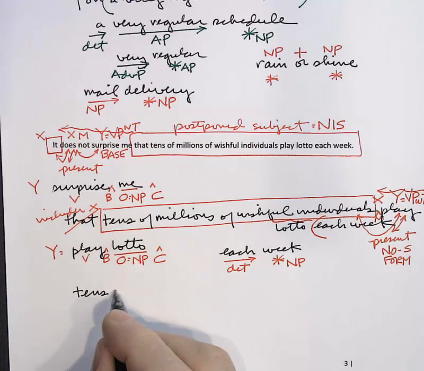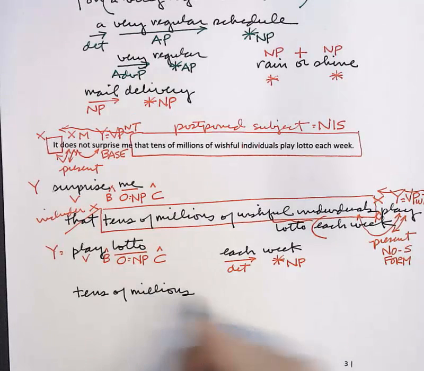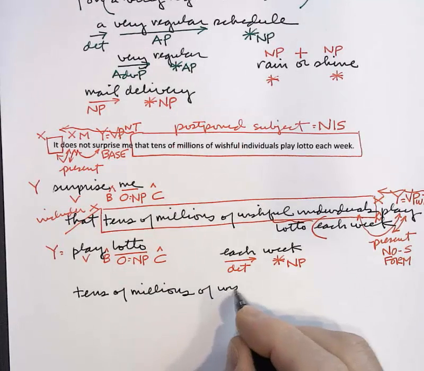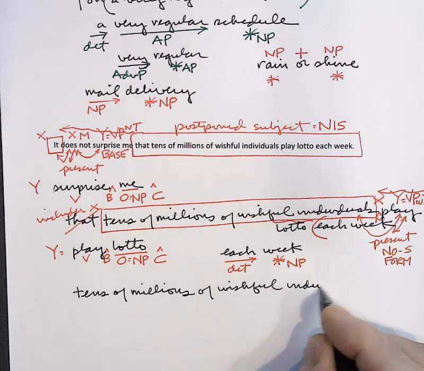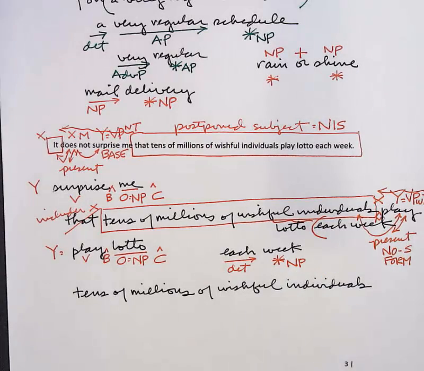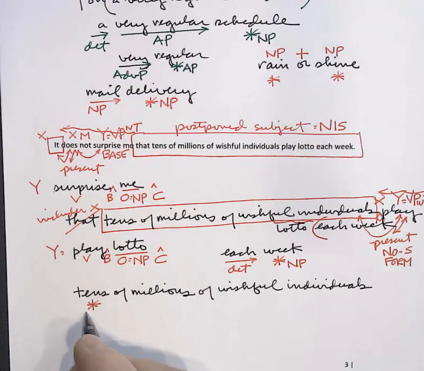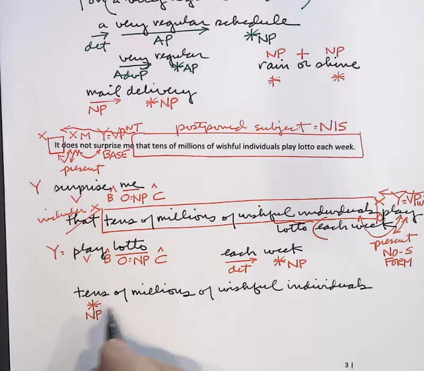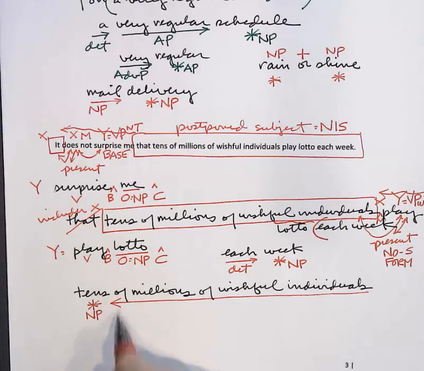Tens of millions of wishful individuals. So tens is the head. It's a noun phrase because we're actually treating it like a number, tens. And then of millions of wishful individuals is the modifier.